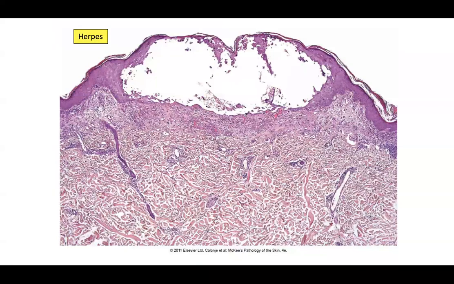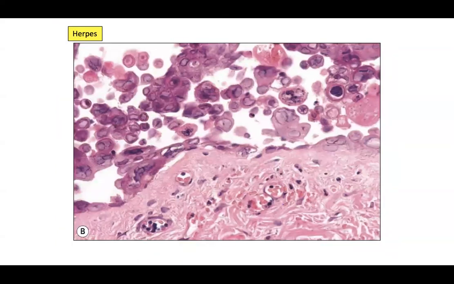So on histopathology, you see an intraepidermal destructive process forming a vesicle or a small bulla. On high power, you see nuclear molding, margination, and multinucleation of cells. This is the so-called 3 M's of herpes change that you can see on cytopathology.